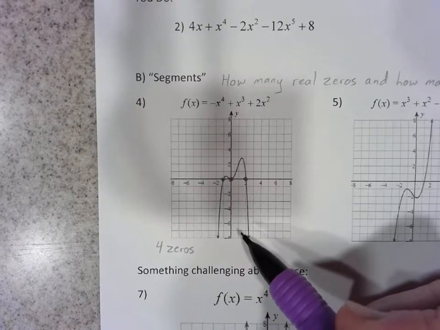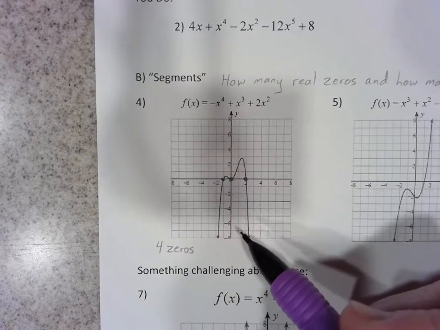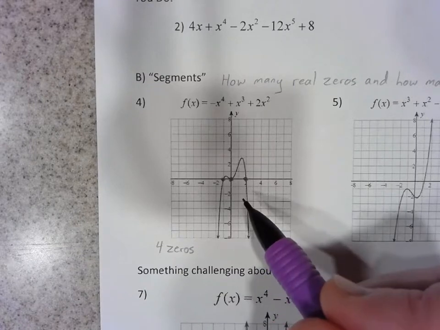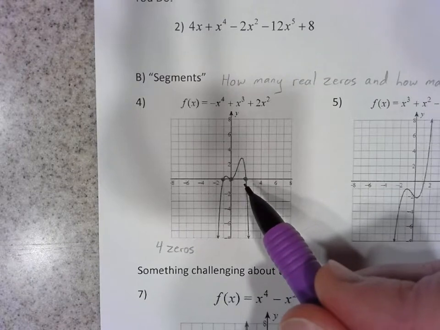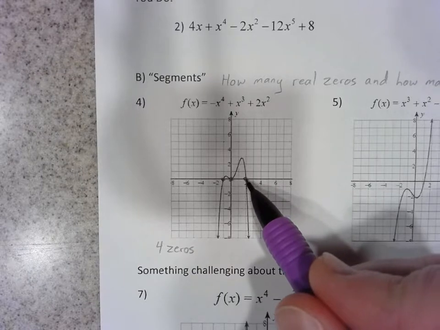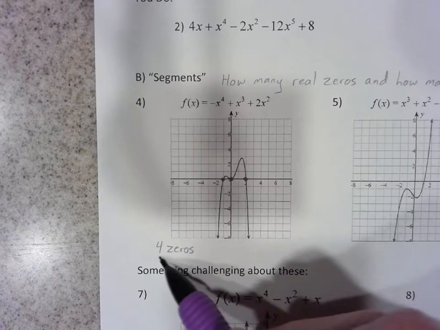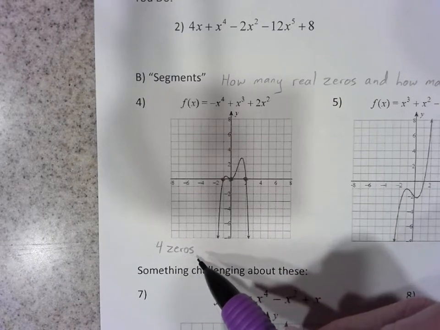So I know I have 3 real zeros, but there's 2 indicators here. One is that the imaginary or complex zeros always have to come in pairs, in groups of 2. And since I already have 3 real zeros and I only have 4 zeros total, that leaves me with 1 extra zero.